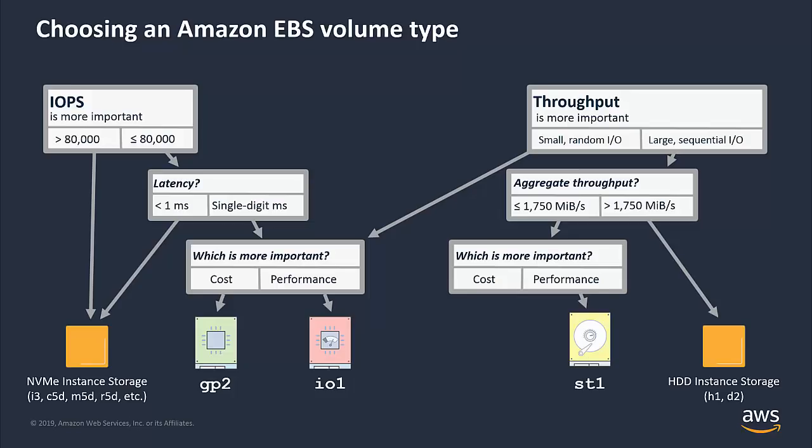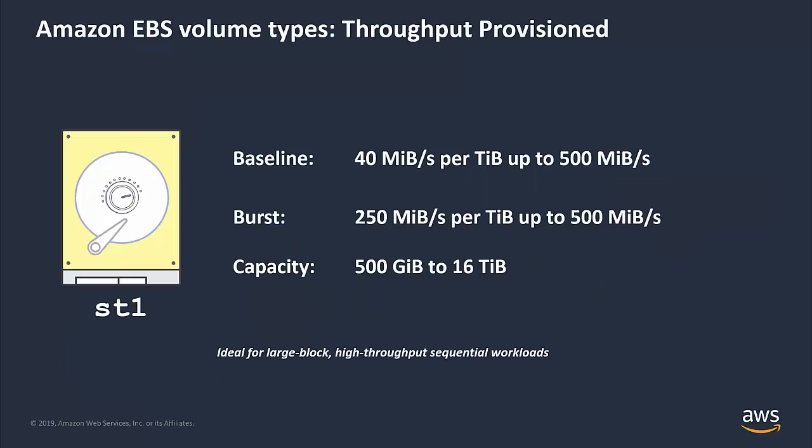ST1 is our throughput provisioned volume type, designed for active, large sequential workloads. However, instead of measuring performance in IOPS, we measure performance in megabytes per second. Like GP2 volumes, ST1 volumes have both baseline and burst performance levels.